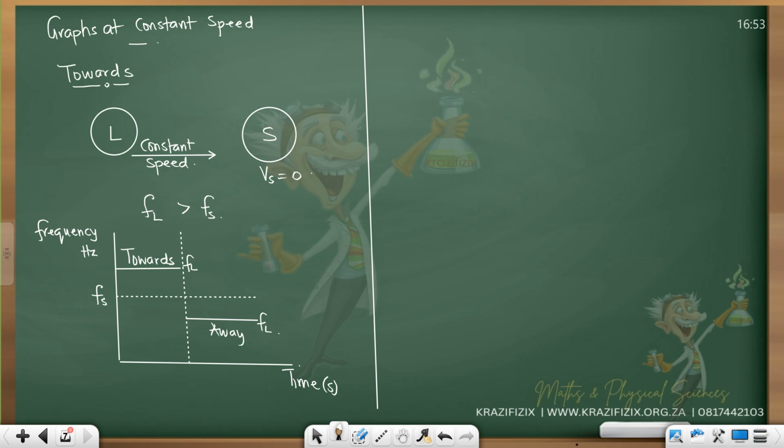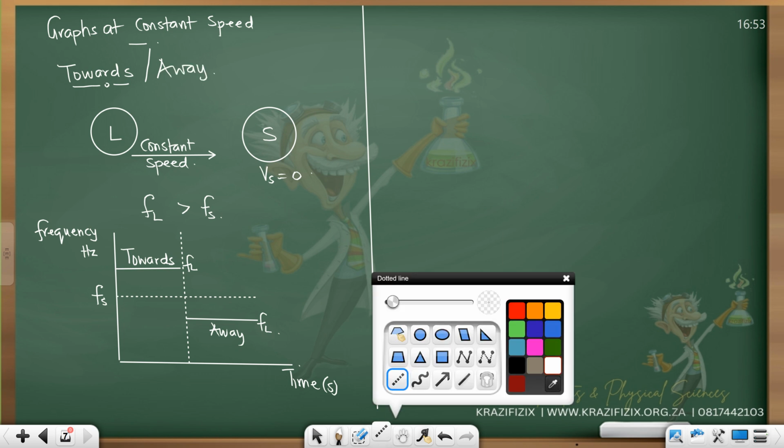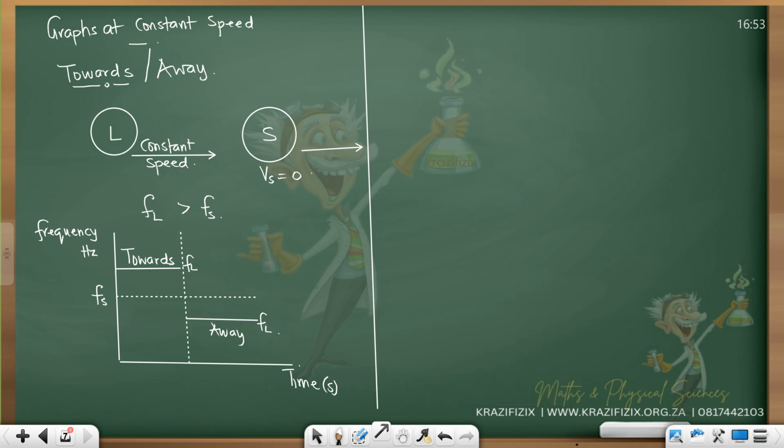Please don't forget, when it is towards, the frequency of the listener would be above the frequency of the source. Actually, I've combined. Let's just do towards and away at the same time, so that we don't waste time. It's moving towards, then moves away.